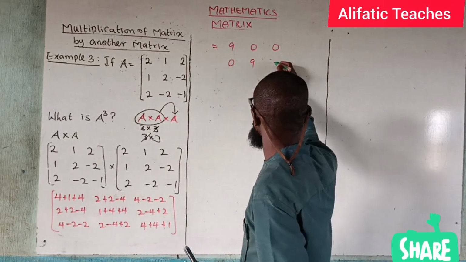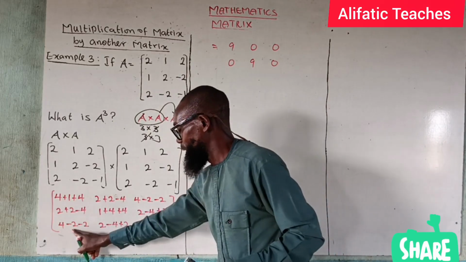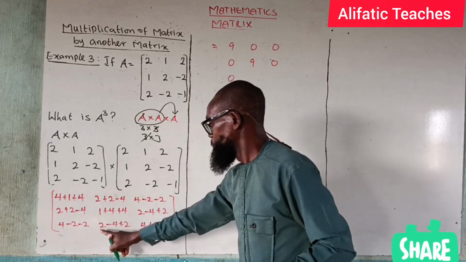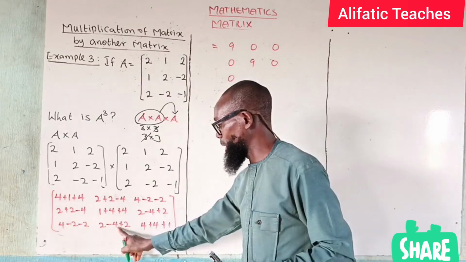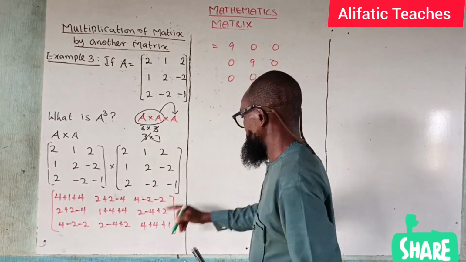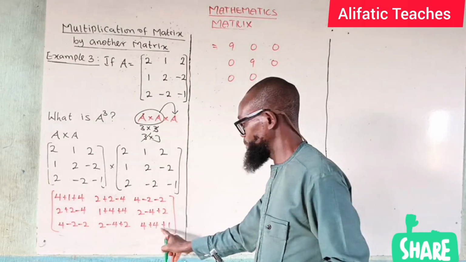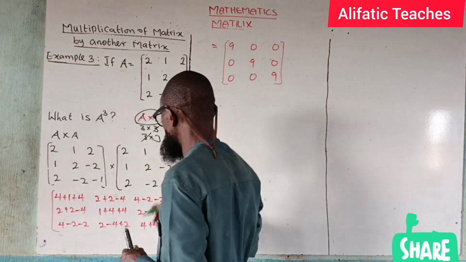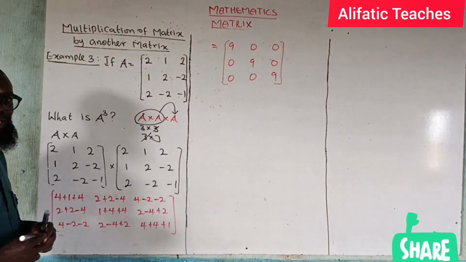Minus 2 plus 2, 0. 4 minus 2, I have 2. 2 minus 2, 0. 2 minus 4, minus 2. Minus 2 plus 2, 0. 4 plus 4, I have 8. Plus 1, I have 9. So this is when I multiply A by A.